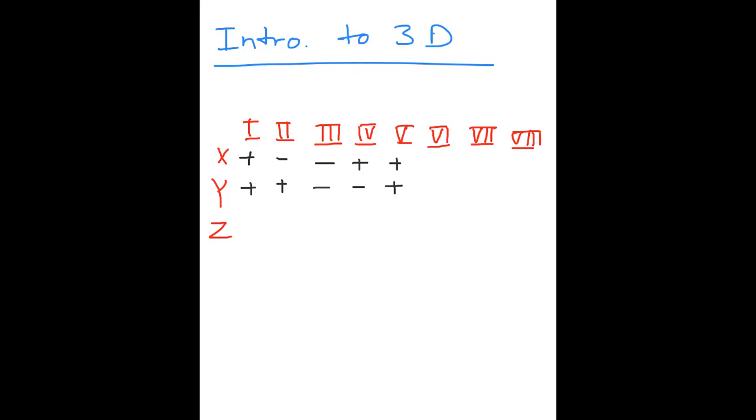Now for the z-axis, the first four will be positive and the last four will be negative. This means in the first octant all are positive. If I'm talking about the fifth, then it is positive, positive, negative. Likewise, you need to remember.